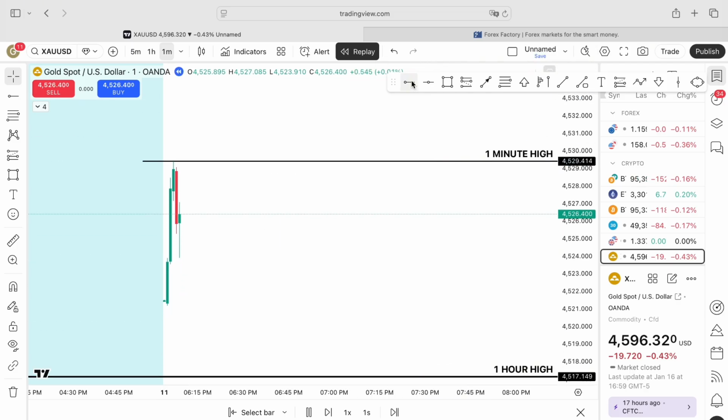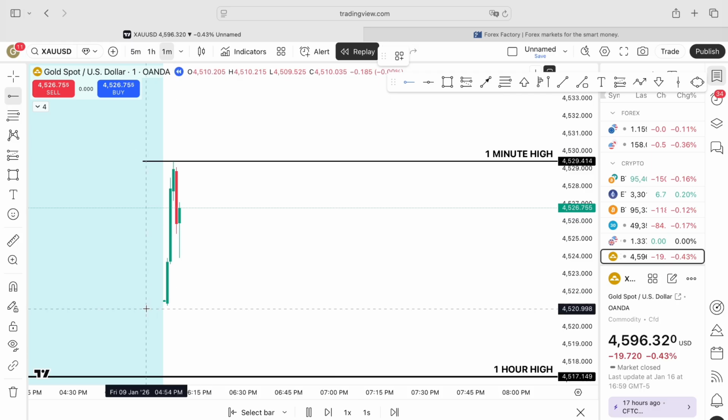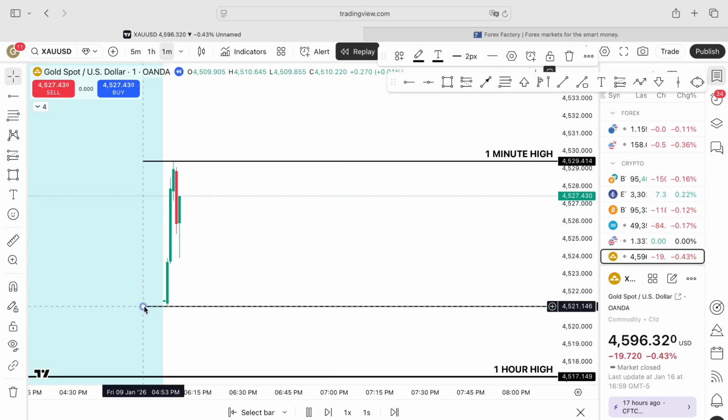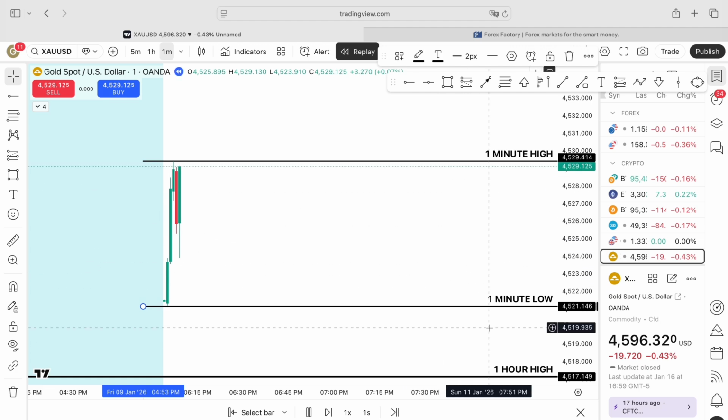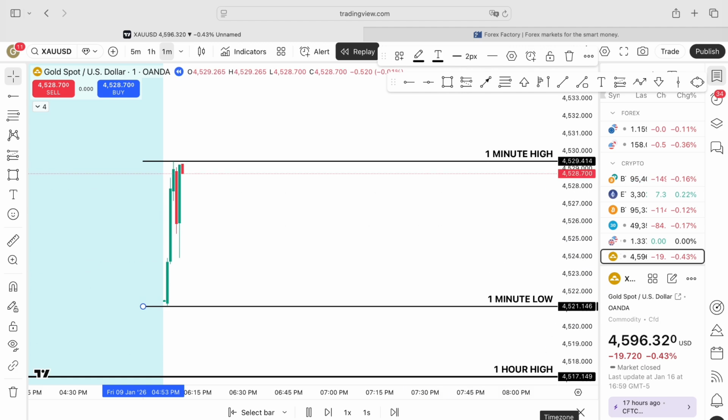And this is in real time, this is real market data, so this is the 1 minute low. We are waiting for a reaction on one of these two lines. Do not be fooled in thinking that you can't make money on a 1 minute time frame.